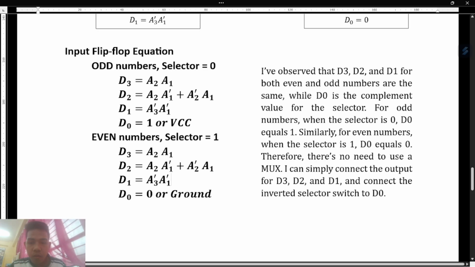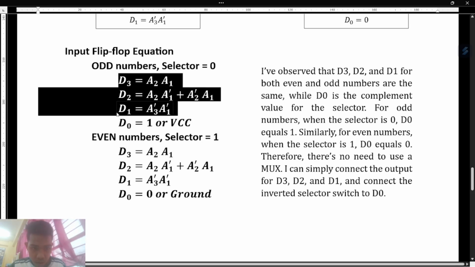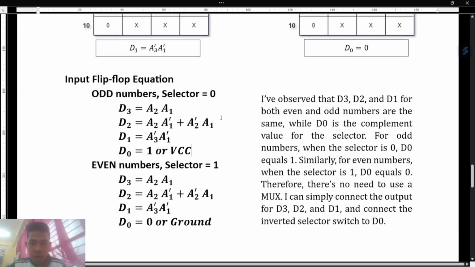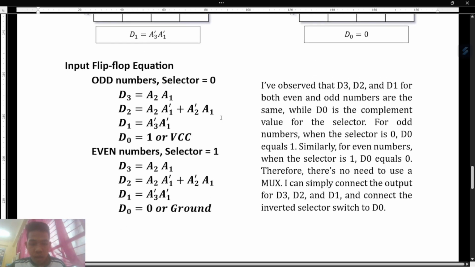Therefore, there is no need to use a multiplexer or MUX. We can simply connect the outputs for D3, D2, and D1 and connect the inverted selector switch to D0. So this is the input flip-flop equation, and that's all. Thank you.